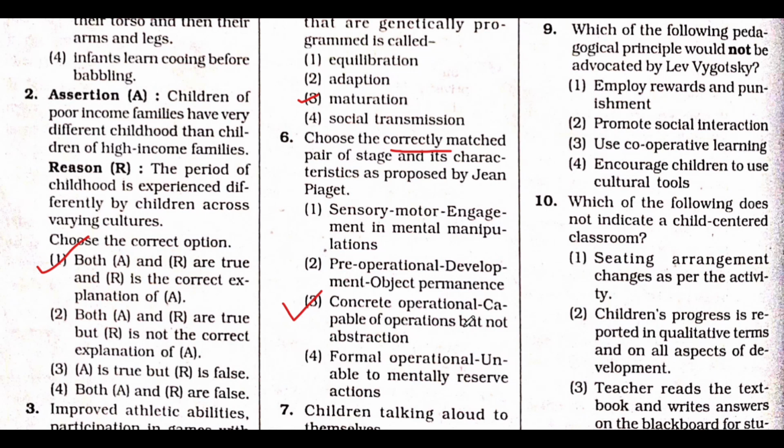All right. So the concrete operational stage is the third stage in cognitive development theory, in which operational thinking starts. So what are the functions of this concrete operational stage? Operational thinking starts. All right, then intelligence is demonstrated through what? Through logical and systematic manipulation of symbols related to concrete objects.